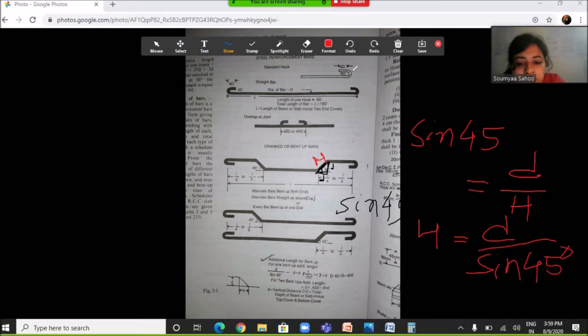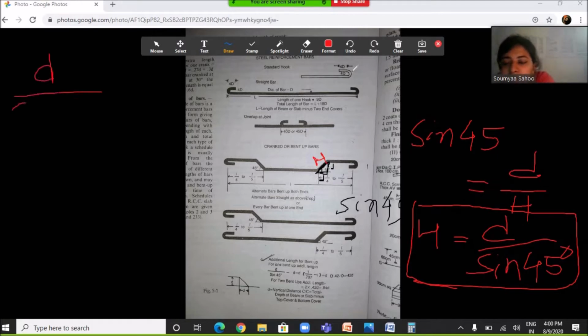So in order to get the additional length of the bent up bar, we have to subtract the base from the hypotenuse. We have already derived the expression for hypotenuse, which is nothing but small d divided by sine 45 degree. If we subtract the base, that is small d, we will have d divided by sine 45 degree minus d.